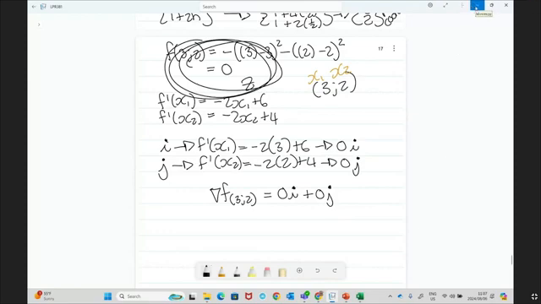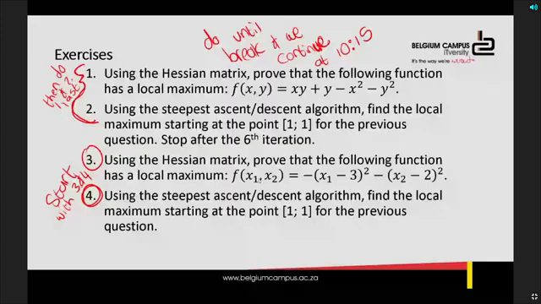So let's see. I'm going to close this so you know you need to do the other 2 questions. It's going to be quite a while. Saying stop after the 6th iteration. So you'll be having your i plus 1, which goes from the initial step. The point is 1 and 1, but then the point will change.